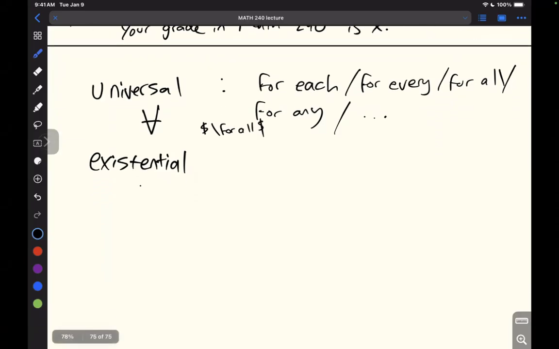And then the existential, we write with this backwards E, and we say something like there exists. Just saying something exists and there is at least one.